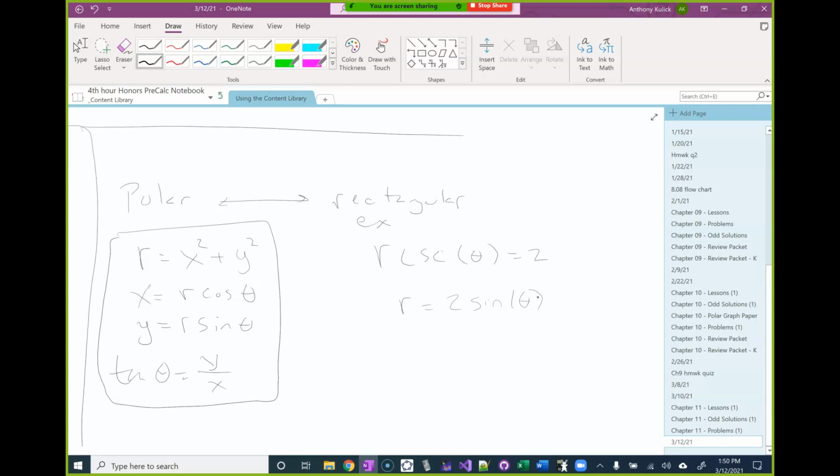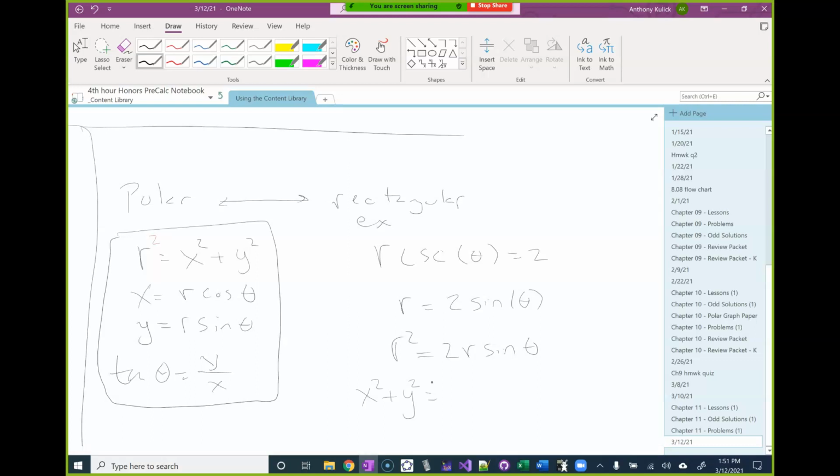Now I'm going to multiply both sides by r. Oops, I was supposed to write r squared there, so that I can get that r squared. And I can make the substitution to get rid of the r squared and turn it into x's and y's.